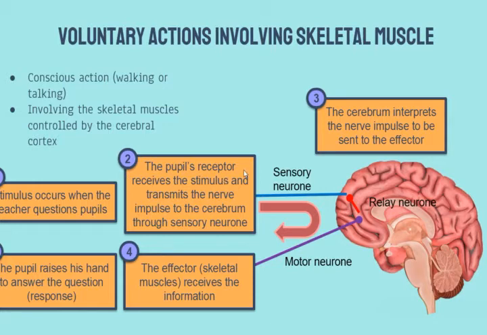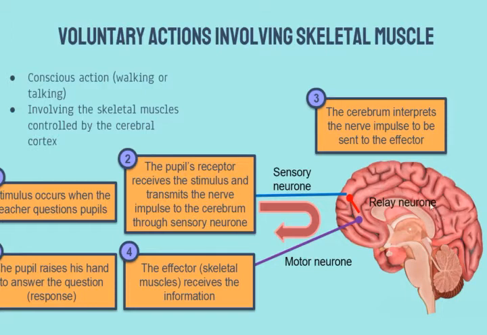The pupil's receptor receives the stimulus and transmits the nerve impulse to the cerebrum through the sensory neuron. The receptor receives the stimulus and generates the impulse, and then the impulse is transmitted to the cerebrum.